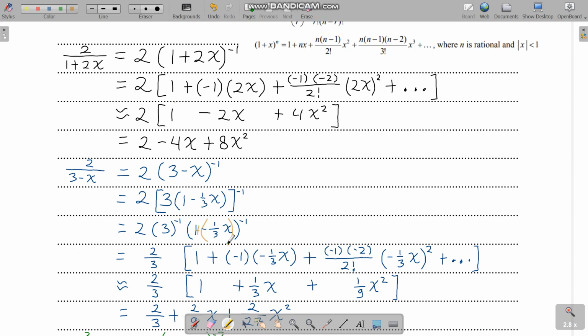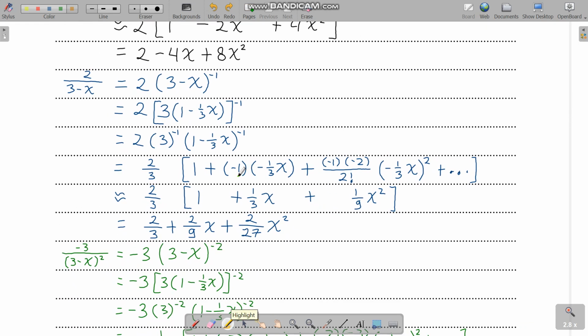So the x is minus 1/3 x. So follow the formula. This is n, this is x, this is n minus 1, this is x squared. So simplify, use a calculator. Plus 1/3 x, cancel out, plus 1 over 9 x squared, and multiply by 2/3, 2/3 minus 2/9 x plus 2/27 x squared.